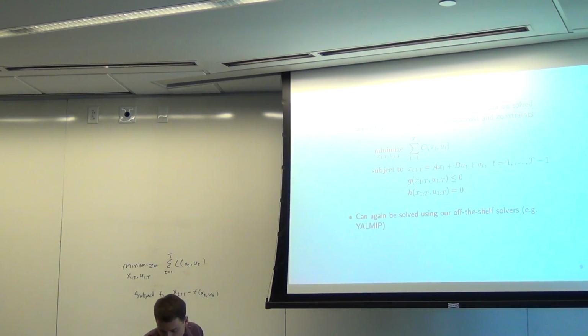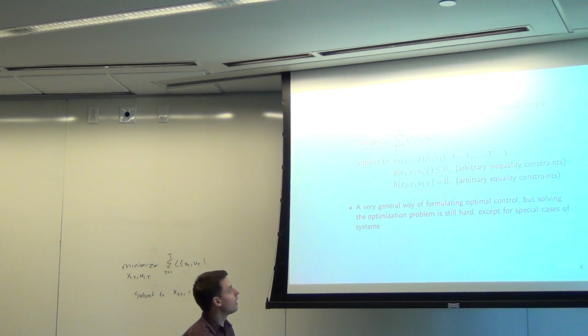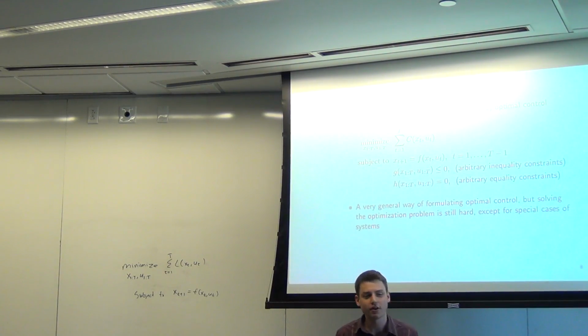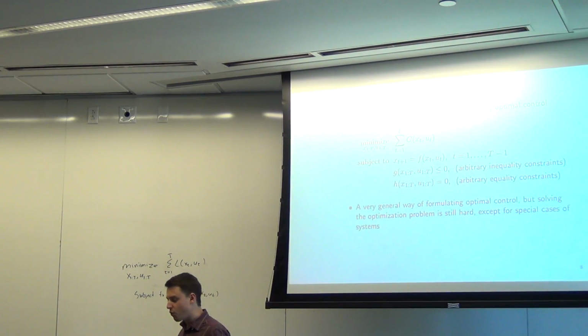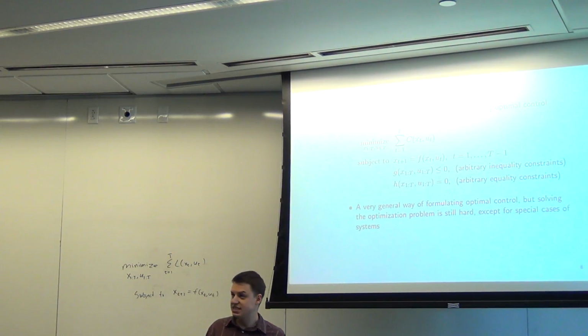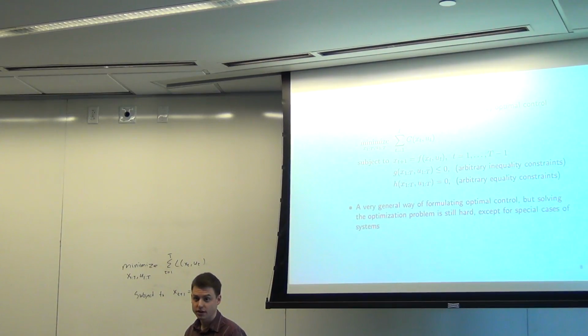If you remember back from our introduction to convex optimization, what I said was that problems are, in some sense, easy to solve if we have convex objectives and constraints. That was the criterion. Again, there are exceptions, of course, but those were the easy problems.